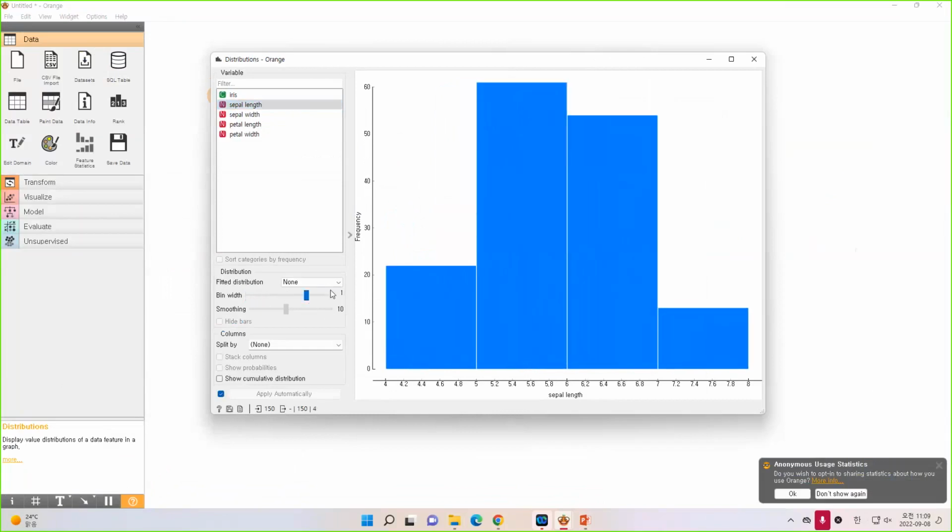If the bin width is 1, it means you want to plot in the range of 1. So 4 until 5, 5 until 6, 6 until 7, 7 until 8. And then you can calculate how many frequencies of the data are in this range.